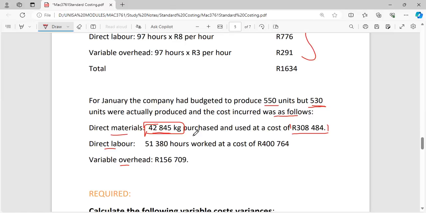No, as long as you are going to come up with the correct answer. If you check in some of the, let me just check something here. Right, let's look at this. This is the total cost of the actual cost. This 308,484. Yes.